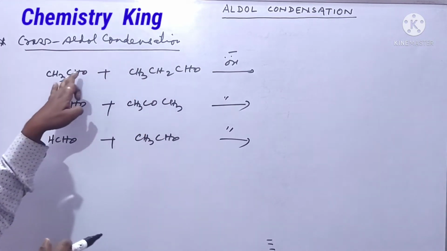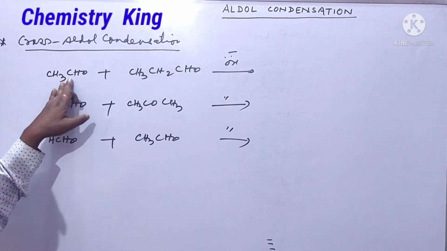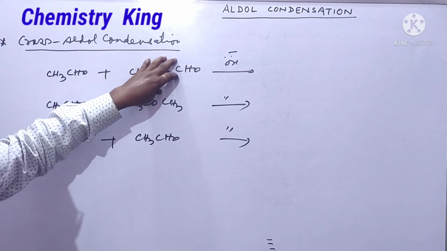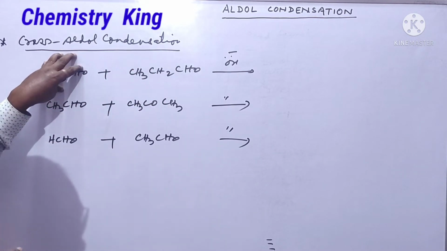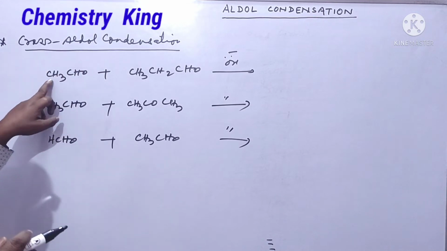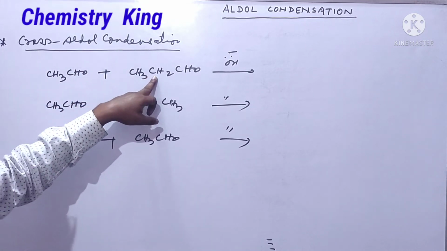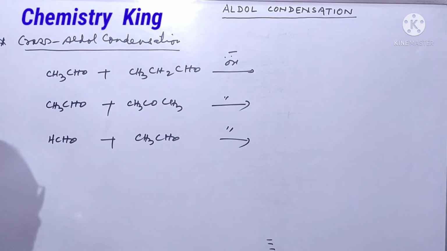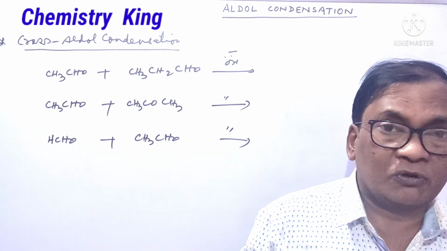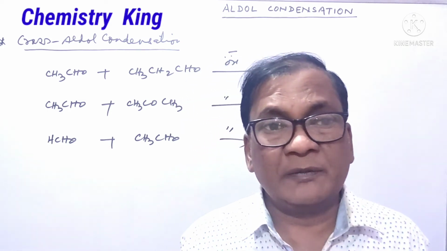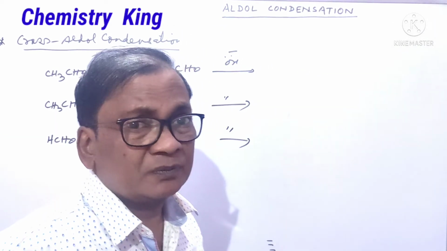When one acts as a nucleophile and attacks the other, you will get 1 product, and if the other acts as a nucleophile, you will get 1 product. So alpha hydrogen is here and also here, so you will get 4 products. But I am not interested in those 4 products, I am interested in the major product.